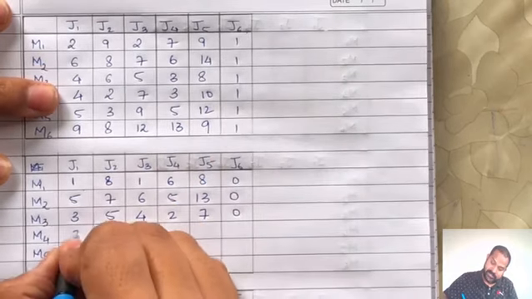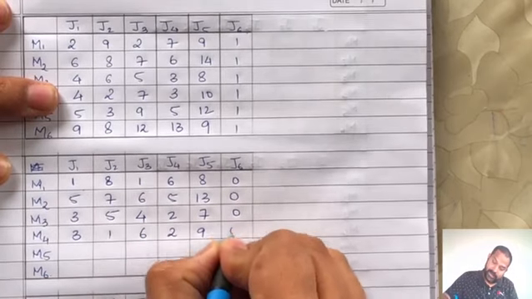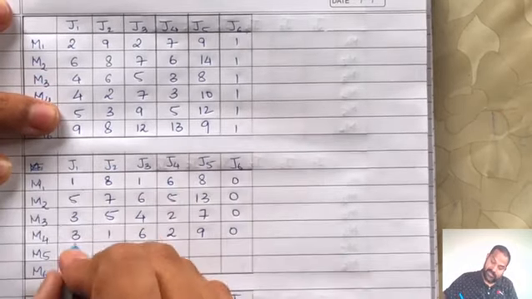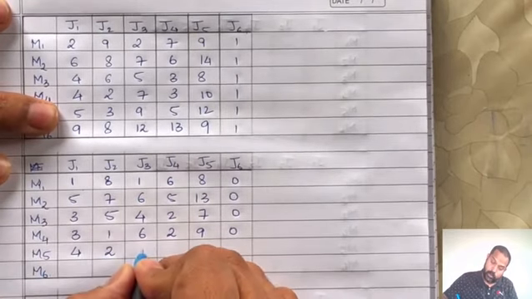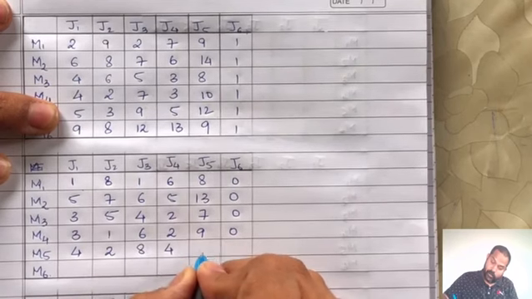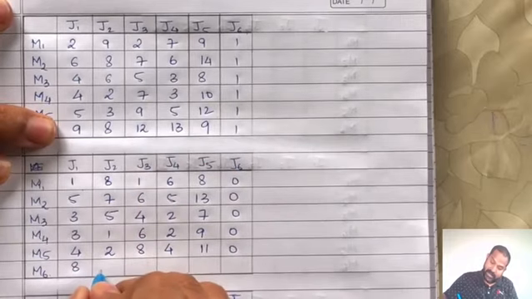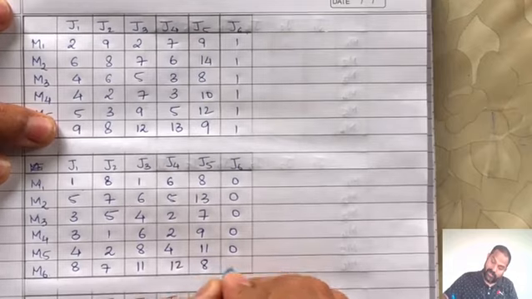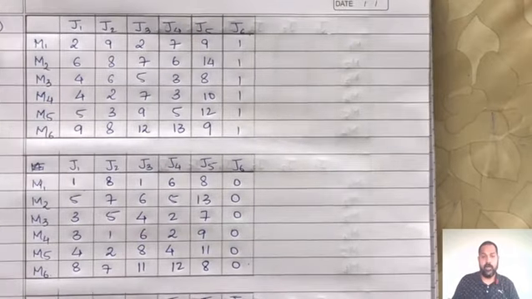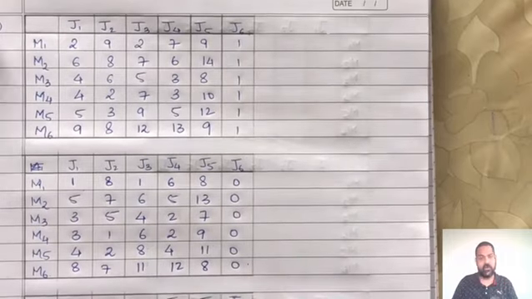Again 1 is the least: 3, 1, 6, 2, 9, 0. Again 1 is the least: 4, 2, 8, 4, 11, 0. 1 is the least: 8, 7, 11, 12, 8, 0. Row reduction is done. Every row has a 0. Well, all the zeros are in the last row, but that's okay.